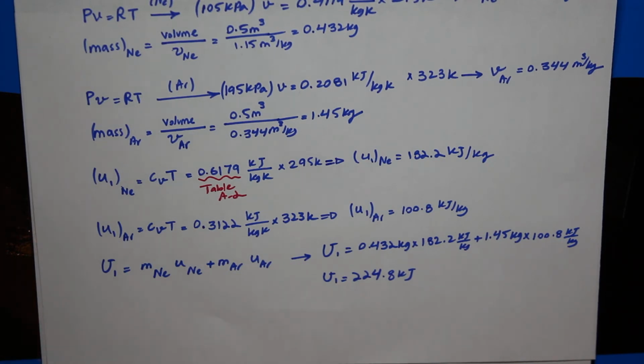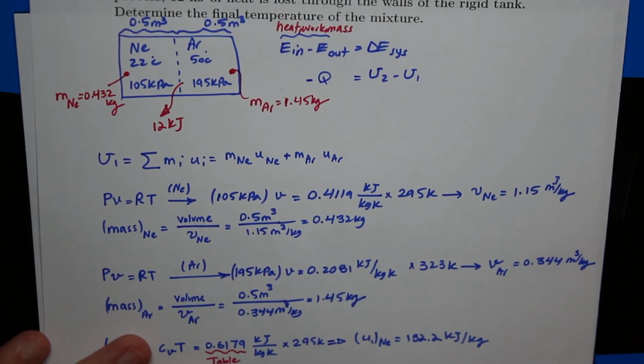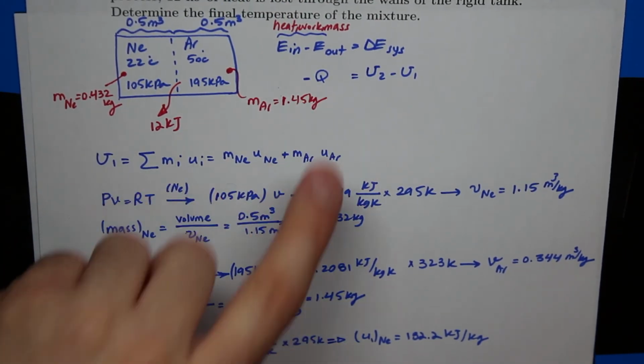Now I need to find U2 so that I can find the temperature. In order to find U2, I'm going to use this correlation.